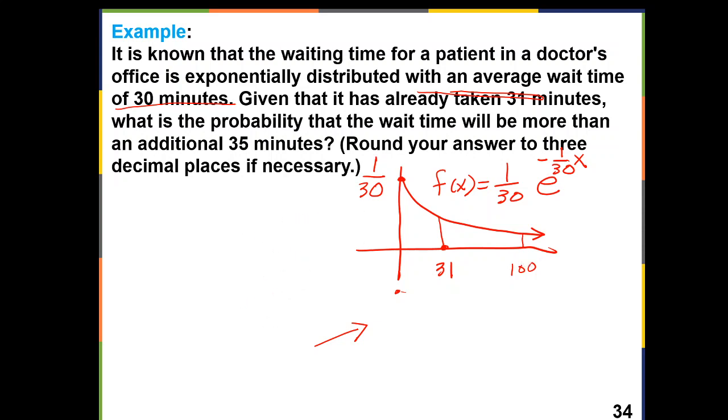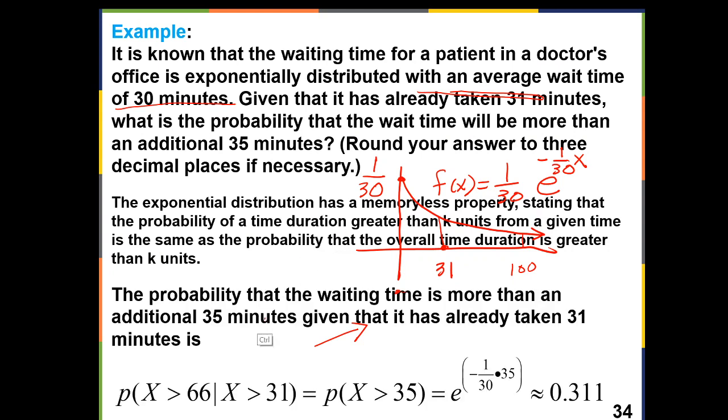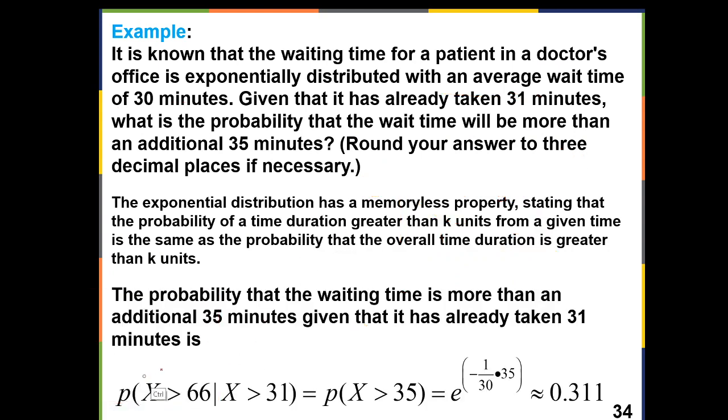So that means in this case, the probability, let me erase that. So the probability that x is greater than 66 minutes, because if you have waited 31 minutes, 35 more, that would be 66, right? So the probability that you have waited greater than 66 minutes, given that x is already greater than 31, is the same as the probability that you have to wait 35 minutes more. So that 31 minutes doesn't really count.